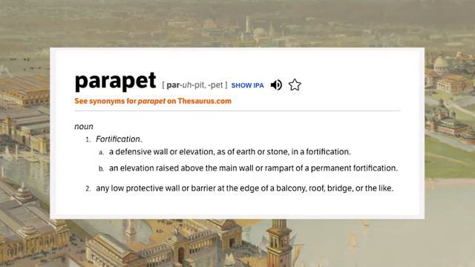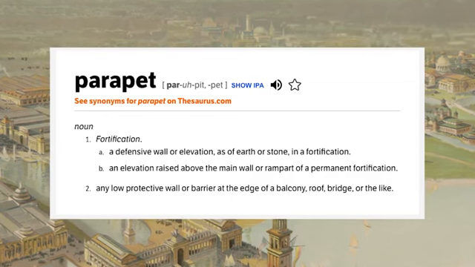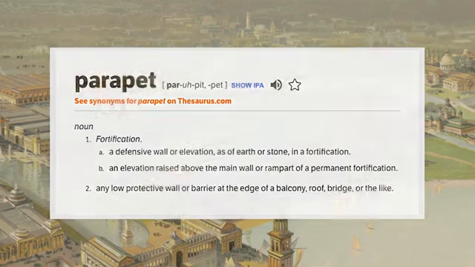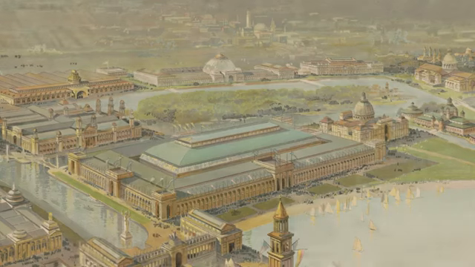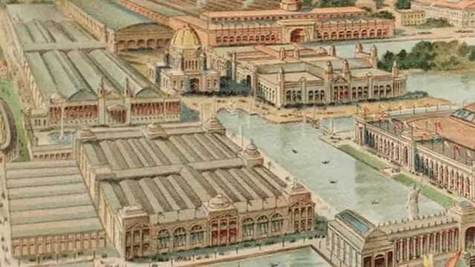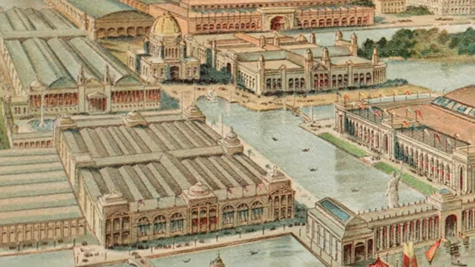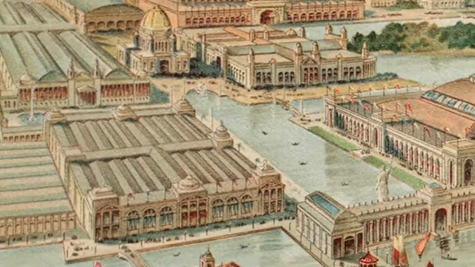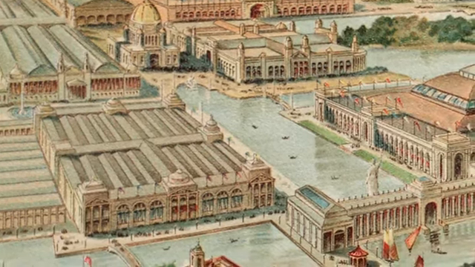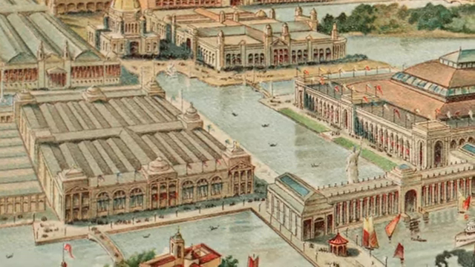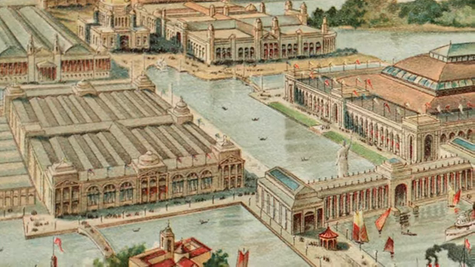And the second one reads: an elevation raised above the main wall or rampart of a permanent fortification. Now, in my initial research, many of the points being made about this event was that these were temporary buildings. Basically, this entire exposition was made out to be temporary, with very few exceptions.